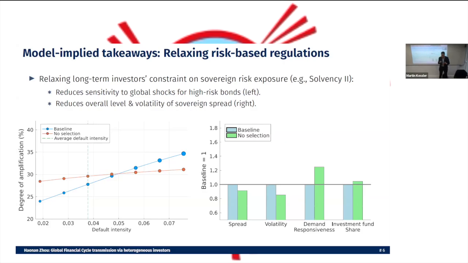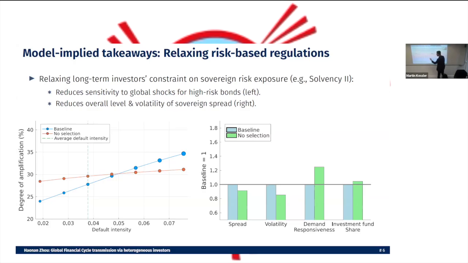The country with relatively high default risk has a relatively higher sensitivity. The economic mechanism is that long-term investors like banks, insurance companies, and pension funds are relatively more price inelastic with respect to Argentinian bonds compared to Chinese bonds, which is associated with the tightness of their credit constraints.